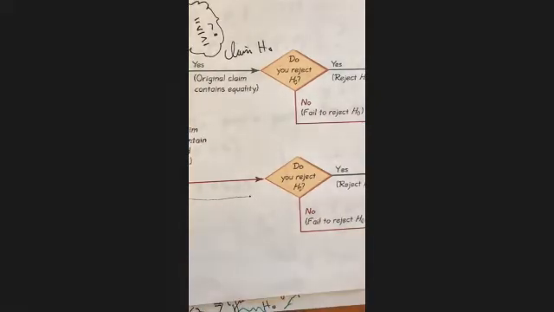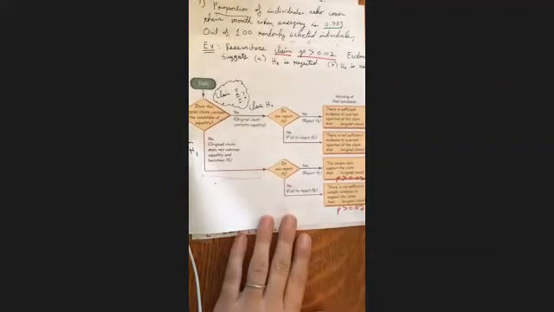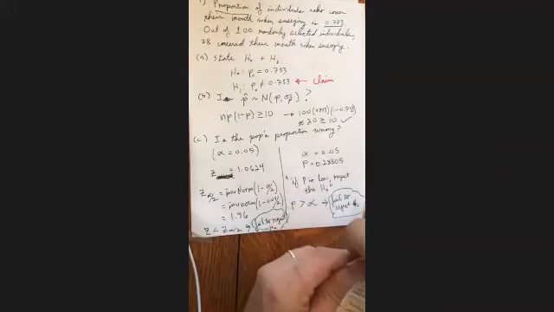Then we ask, do we reject or fail to reject the null hypothesis? We fail to reject the null hypothesis. So if we fail to reject the null hypothesis, then we go down to this branch.